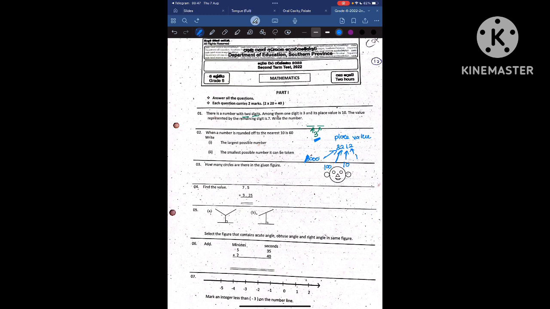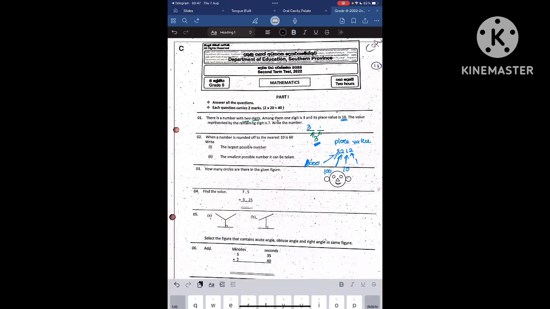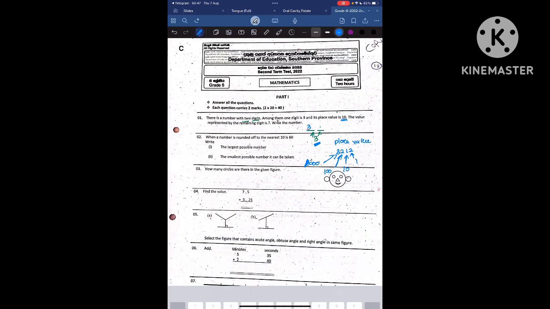So they are saying its place value is 10, which means 3 has to be here only, not here, because here the place value is 1, here the place value is 10.